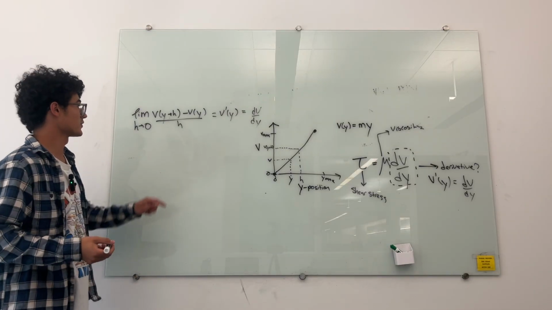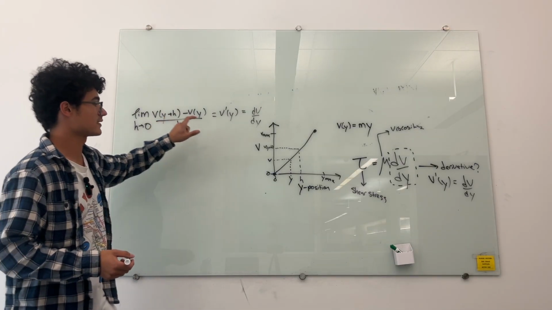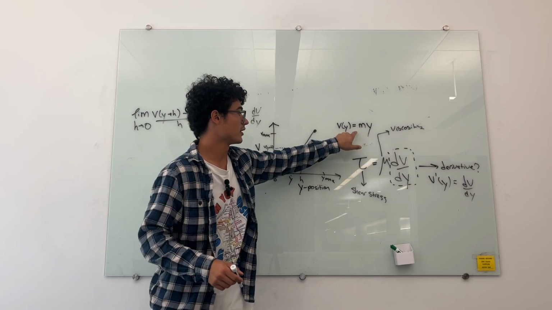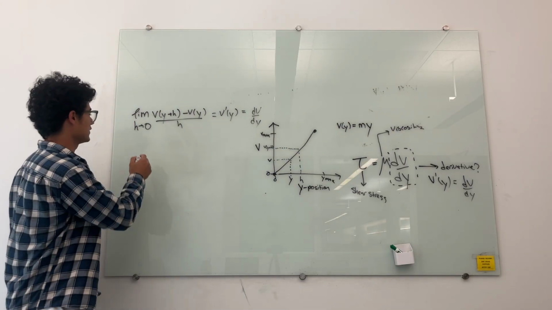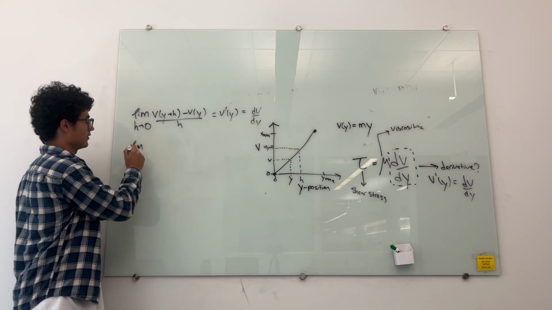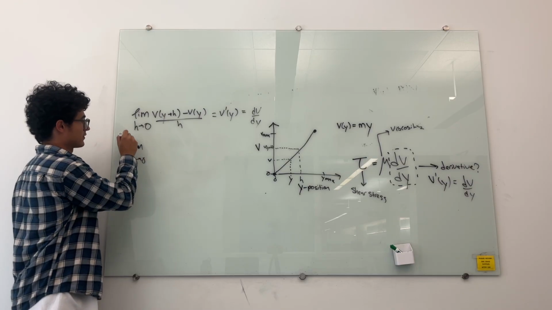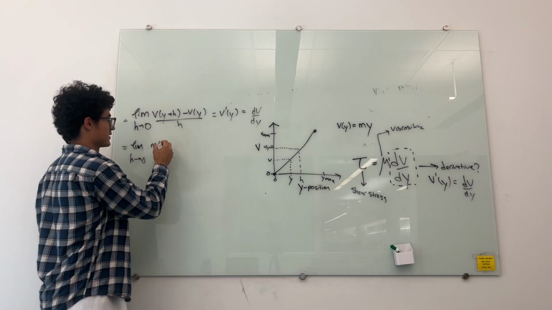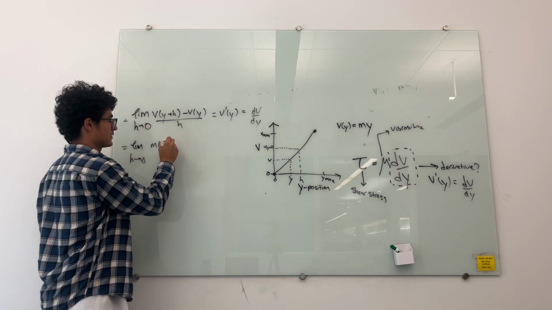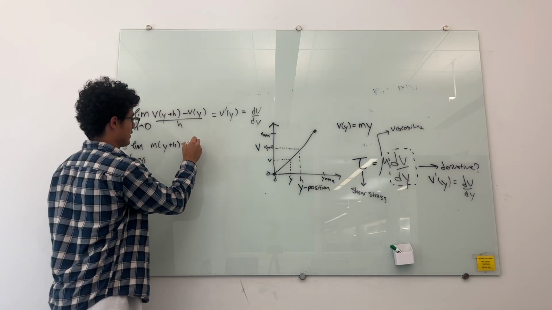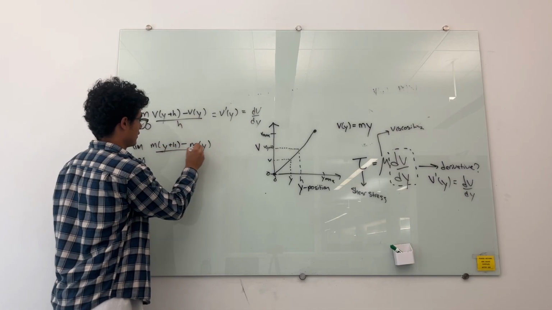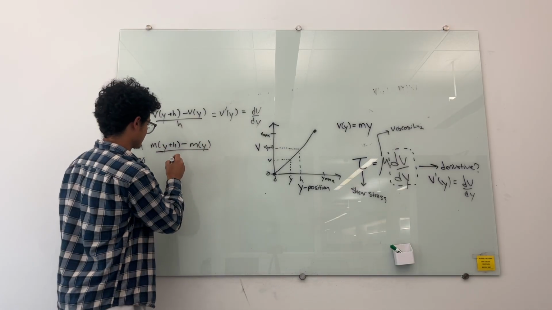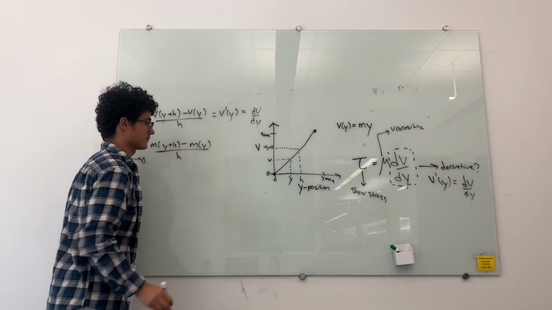So now let's plug in the numbers. What this really just means is that we're plugging in y plus h for v of y is m times y. And you'll see it's pretty easy. So the limit of h approaching 0, we always have to write it all out, is m times y plus h minus m times y all over h.